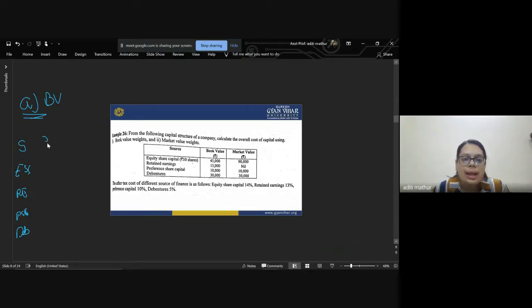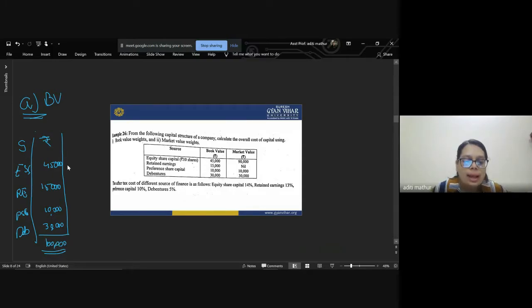Let us write the amounts, that is 45,000, 15,000, 10,000, and 30,000. Now we will have over here our overall amount, which is going to be 1 lakh.